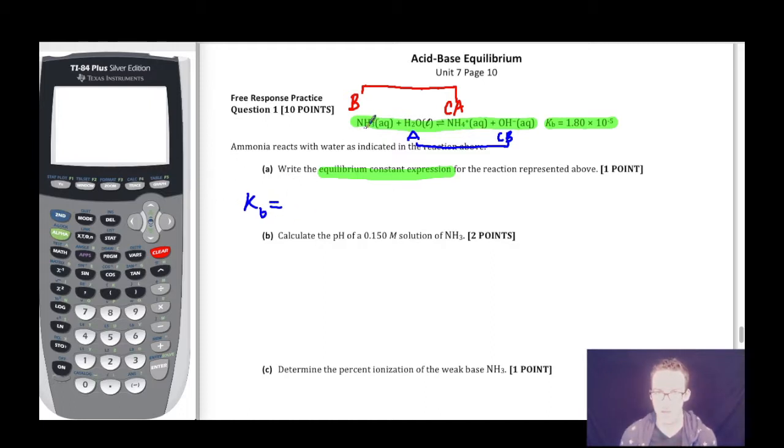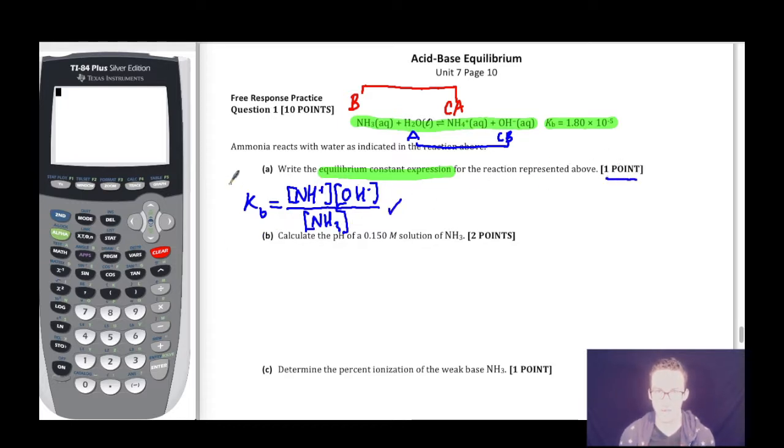And so if we look at this, our products are going to be the concentration of the ammonium ion times the concentration of the hydroxide ion over the concentration of ammonia. Okay, and you get 1 point for coming up with this correct expression here.